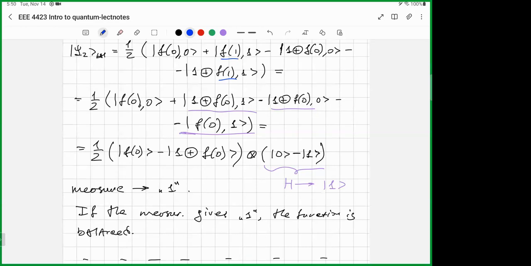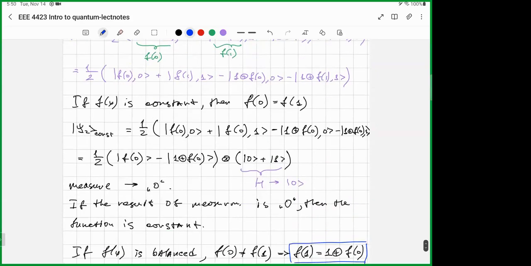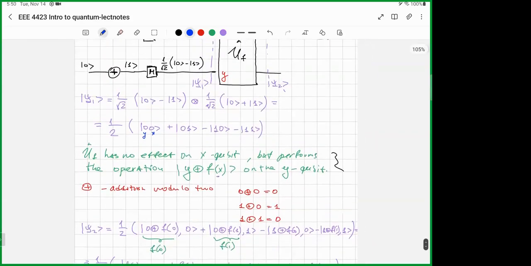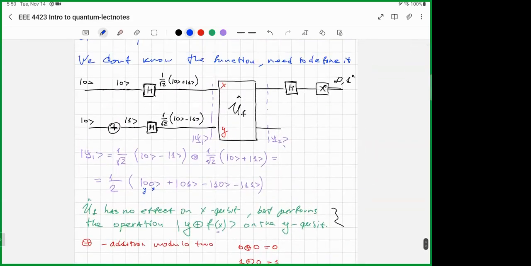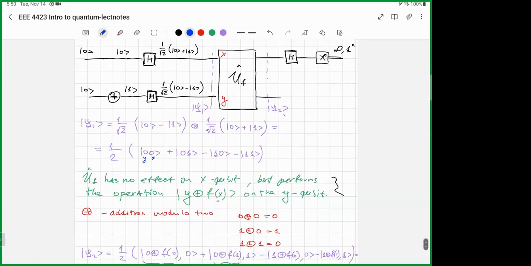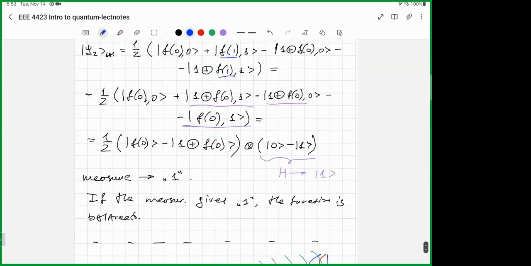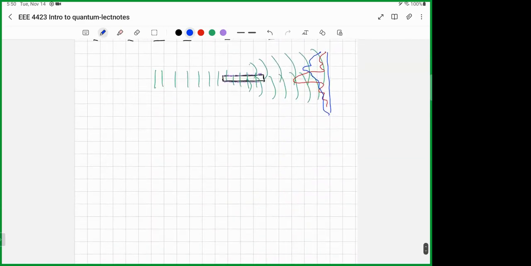So the Deutsch algorithm itself is rather trivial because it is just a two qubit circuit, and we cannot even use this algorithm for benchmarking computers. There is another one, a generalization of the Deutsch algorithm, and it's called the Deutsch-Jozsa algorithm.